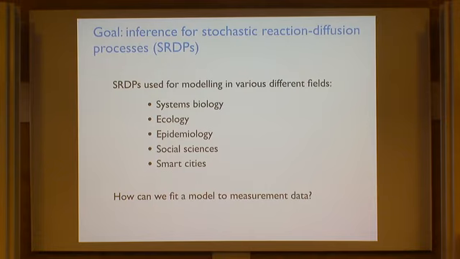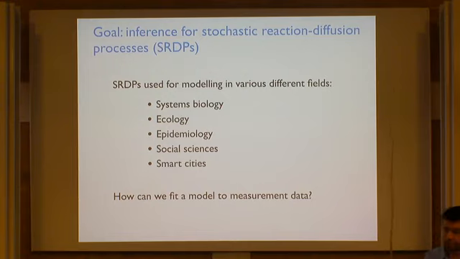But even social sciences, so for example, the London riots from 2011 have been modeled using the stochastic reaction-diffusion process. And there are other examples like smart cities, for example, public bike sharing systems, and modeling the behavior of people sharing bikes with such public bike sharing things.